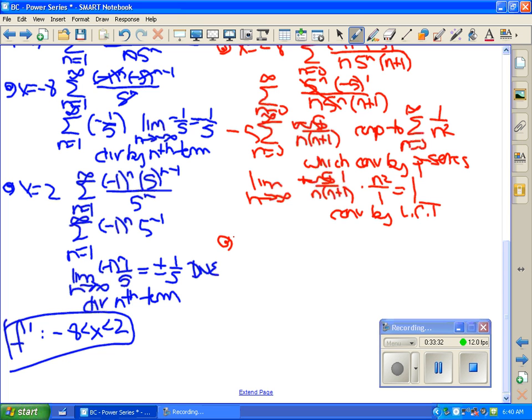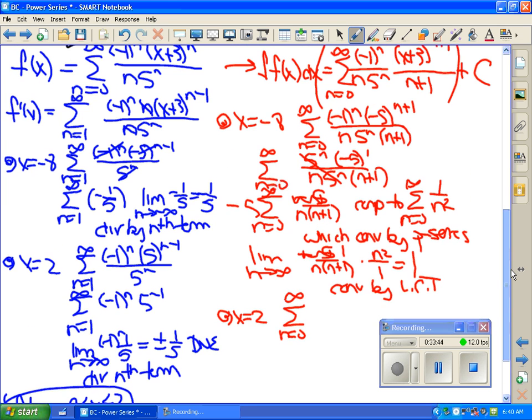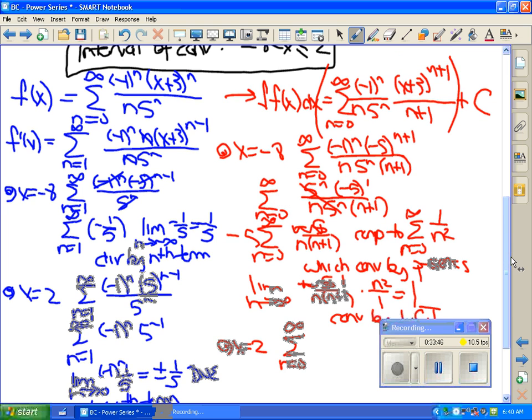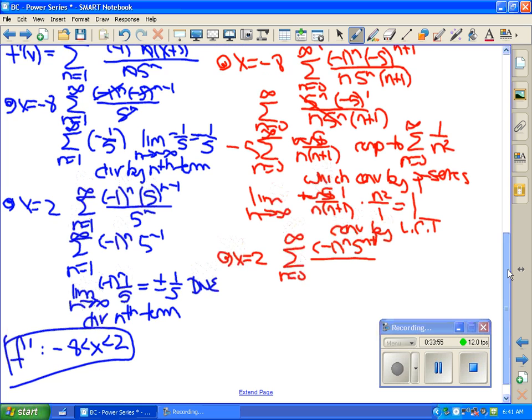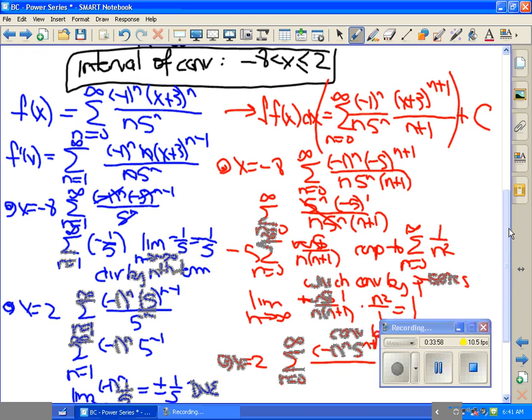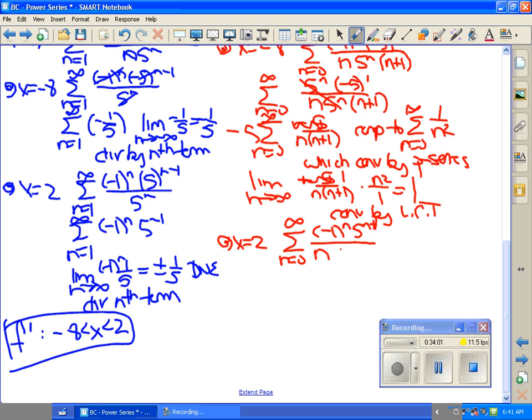Now let's check at x equals 2. So now the series becomes, let's see here. At x equals 2, it's going to be negative 1 to the n, 5 to the n plus 1, and then in the denominator, it's going to be n, 5 to the n, and n plus 1. So simplifying this, n equals 0 to infinity, I'm going to have negative 1 to the n, 5 to the n times 5, all over n, 5 to the n, n plus 1.